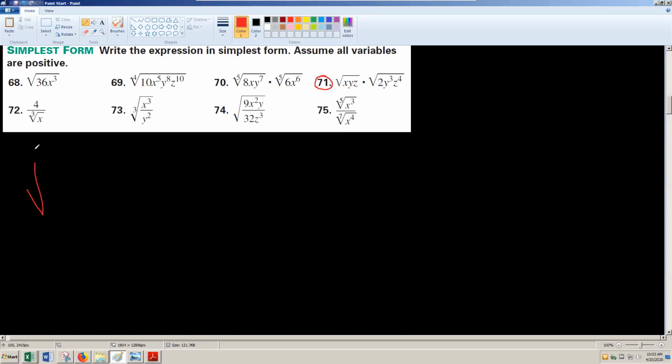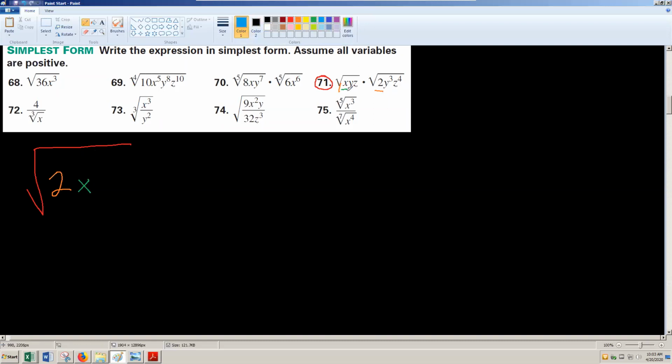I'm going to call this thing 2, because I have a constant right here. I'll actually do each of these as its own color. I don't see any constant here, so it's assumed to be 1. 1 times 2 is 2. For my x, I have an x here, and then I have no x's over here, so I just have x to the first.